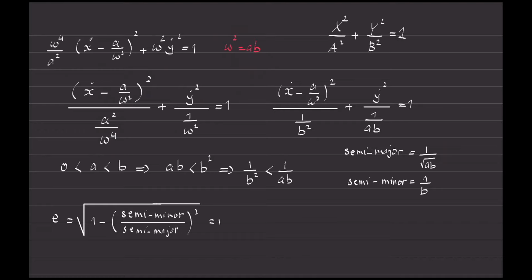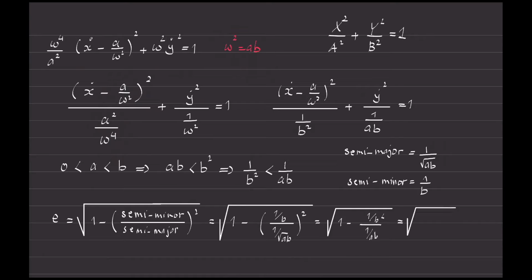So in this case, it becomes the square root of 1 minus 1 over b divided by 1 over the square root of ab, and then totally to the power 2. So then it becomes the square root of 1 minus 1 over b squared over 1 over ab. And then if you cancel b's, it becomes the square root of 1 minus a over b, as is demanded in the problem.